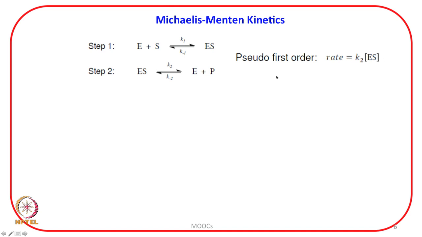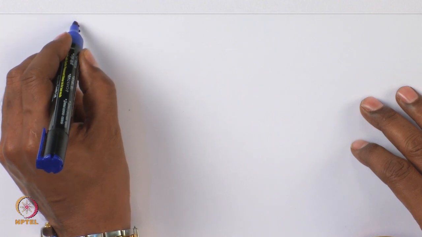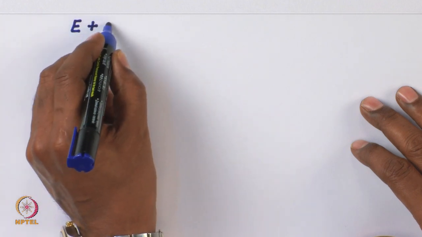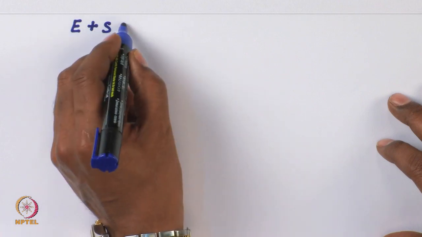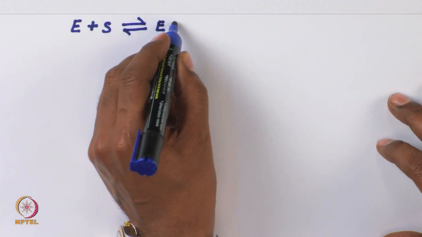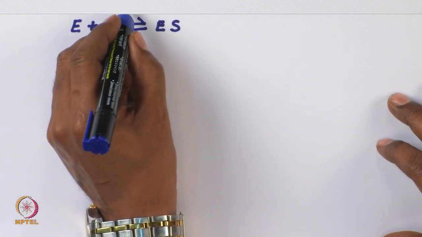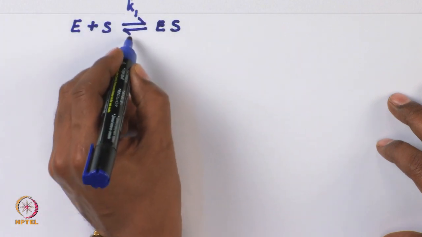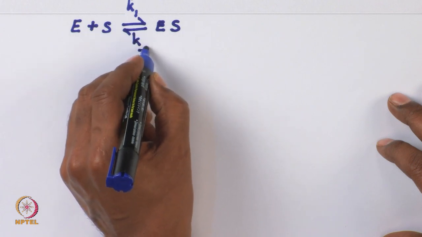If we consider that, then our mathematical treatment will be like this. We have enzyme plus substrate. This will form an enzyme substrate complex, and let the rate constants be K1 and K minus 1.